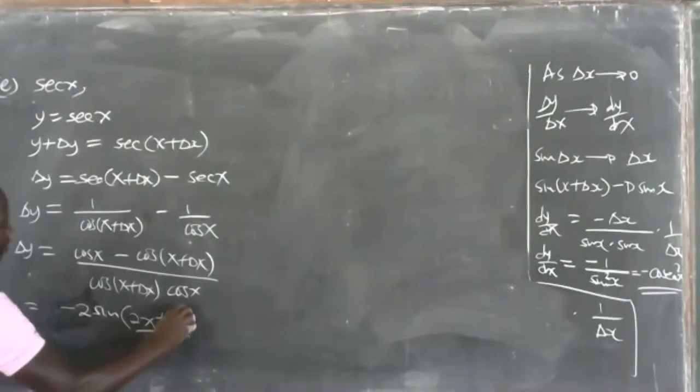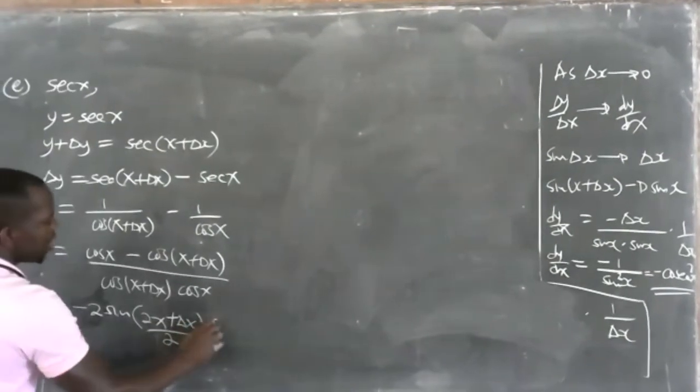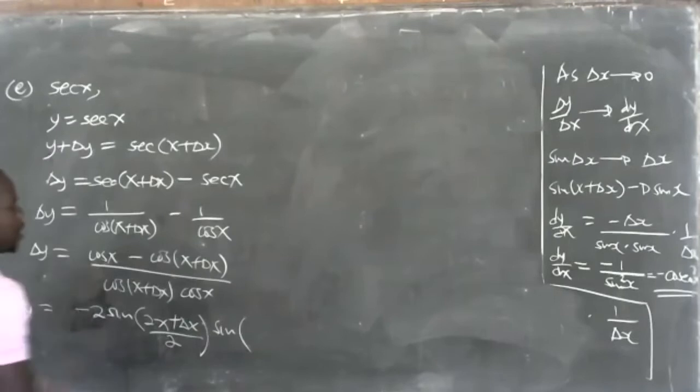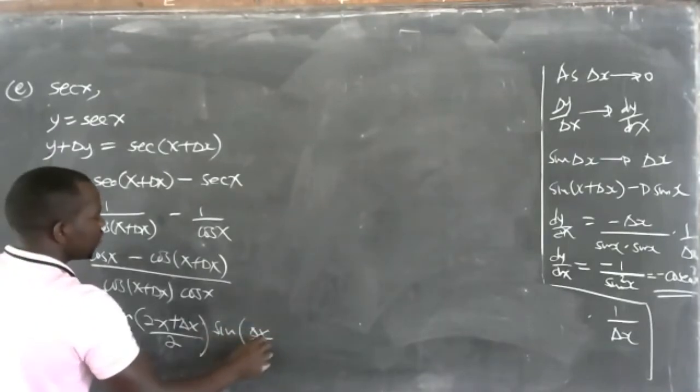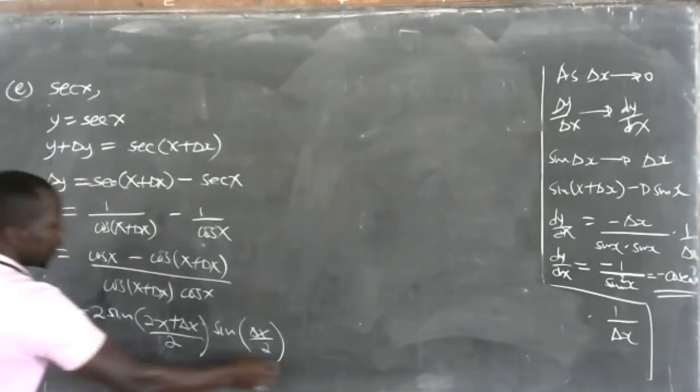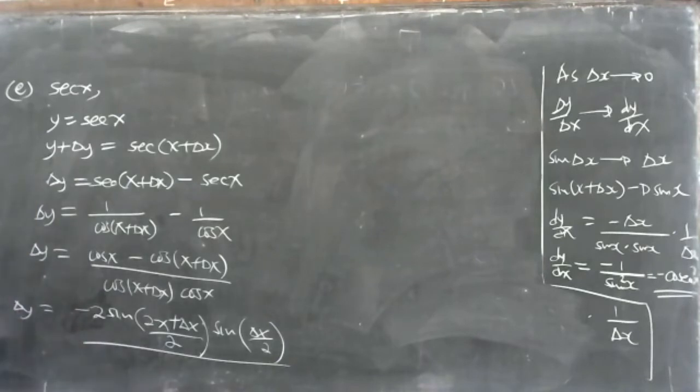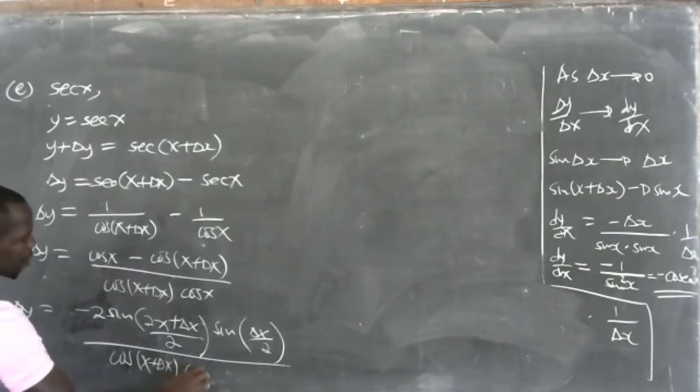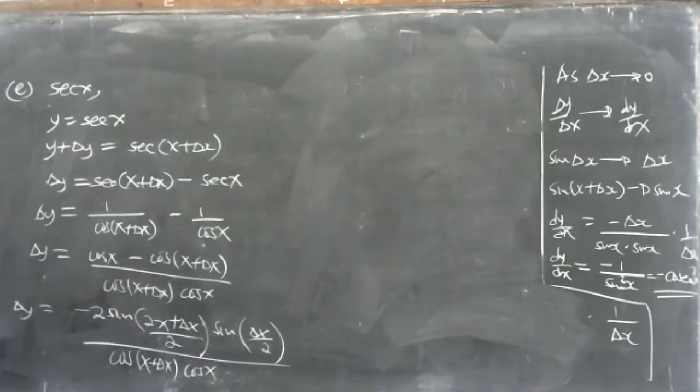Divide by 2. Then sin again. When subtract, just get change in x out of 2. Out of x plus change in x. You know that. Yeah, negative change in x. Yeah, right. Out of 2.